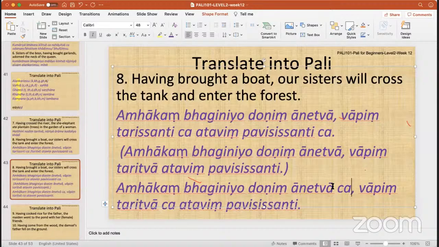Yes, because if you use the final verb, it should be like pavisissanticha, tarissanticha. And here also anitvacha, taritvacha. That's another one. Okay. Is that clear?